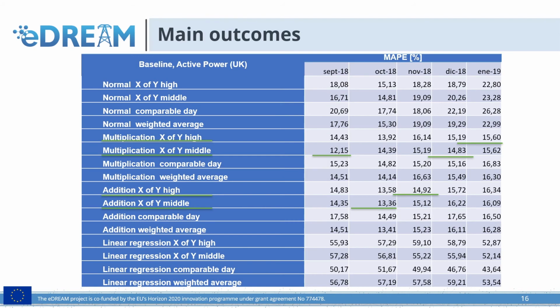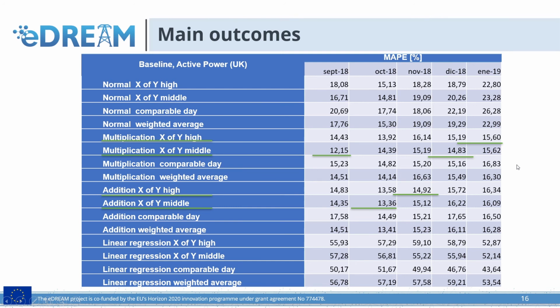In the case of the UK, we have here the mean error for all the buildings. And we can see in green which are the best options to generate a baseline. In that case, they are the multiplication and addition adjustment for x of y high and middle baseline.